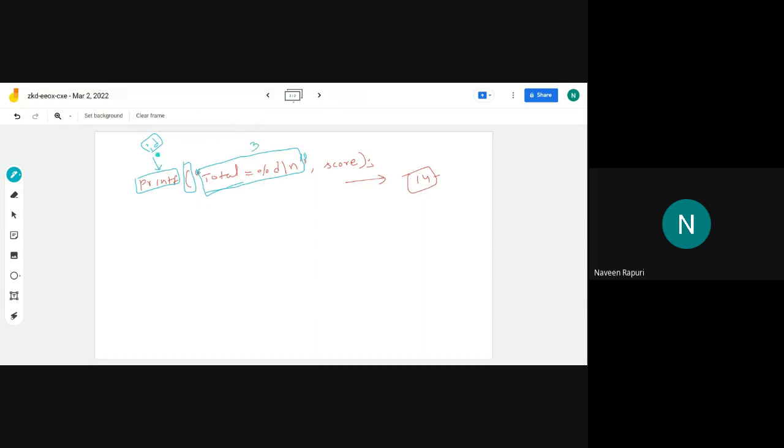So this is the third token. First, second, 1, 2, 3, sir. After that, comma is there, that is 4, sir. And score, this is the variable name, so that's why this is considered an identifier token. So this is the fifth one.